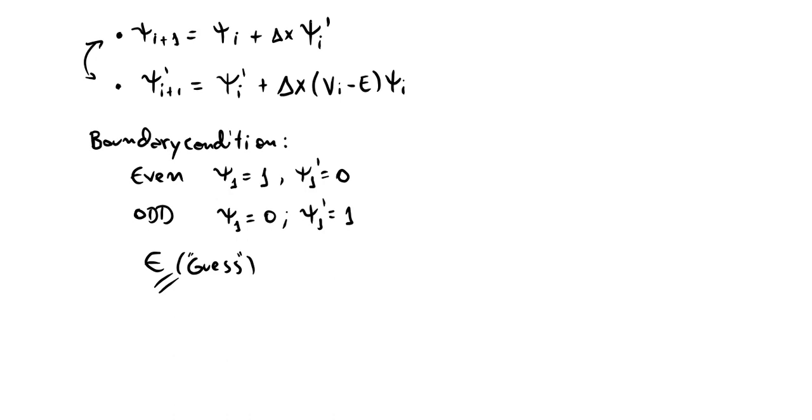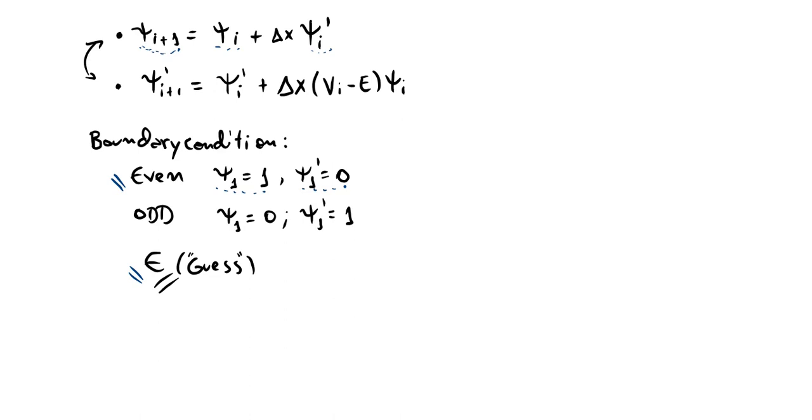So once you do that, let's say that you chose some energy and you chose an even solution. You want to find the lowest energy even solution, okay? So then you say psi 1 is 1, psi 1 prime is 0. Then you substitute this here, and you will obtain psi of 1 plus 1, which is psi of 2.